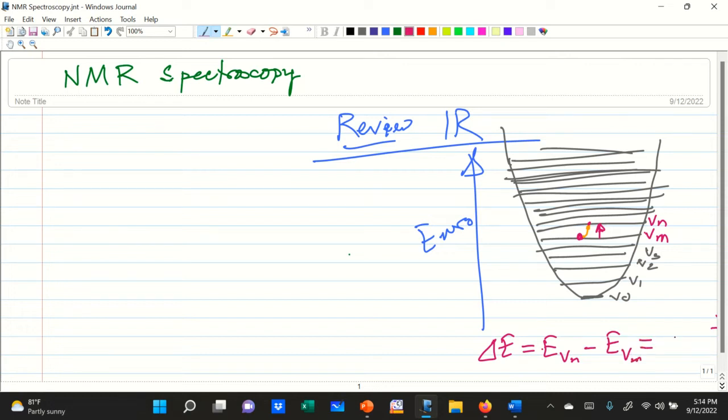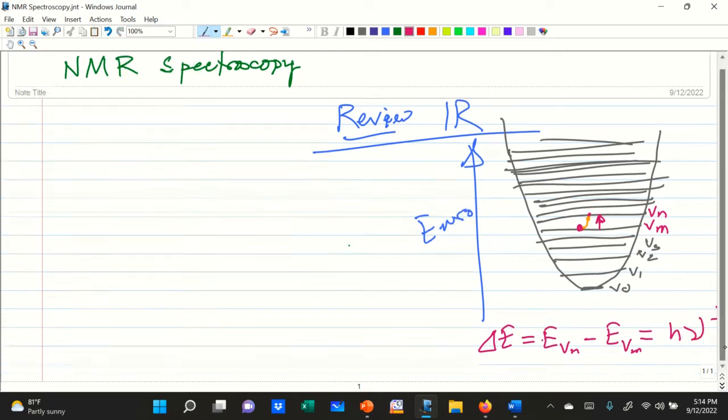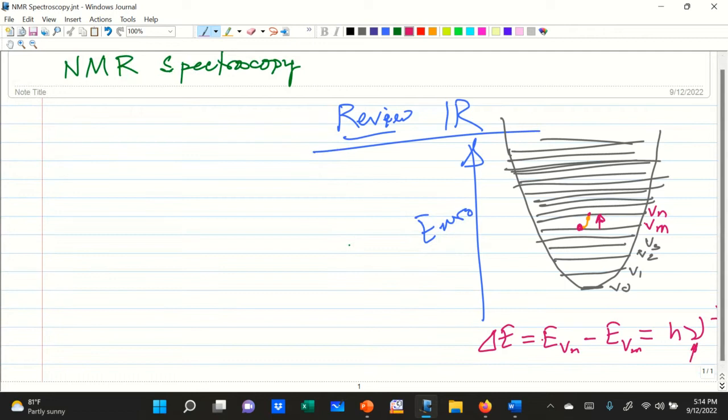That delta E will be equal to h nu. And when this nu, the frequency of electromagnetic radiation, is such that h nu corresponds to the exact energy gap between these two levels, only then will there be a vibrational transition.